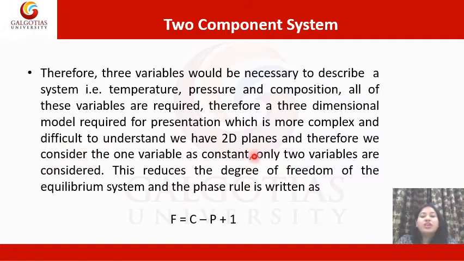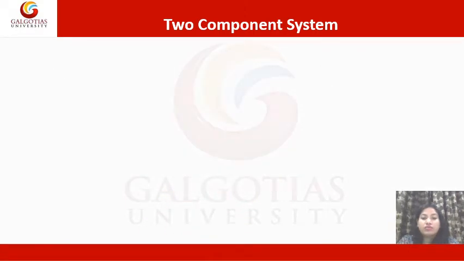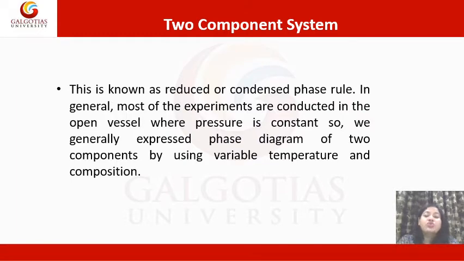This reduces the degree of freedom of the equilibrium system, and the phase rule is written as F is equals to C minus P plus 1. This is known as reduced or condensed phase rule. In general, most of the experiments are conducted in the open vessel where pressure is constant. So, we generally express phase diagram of two components by using variable temperature and composition.